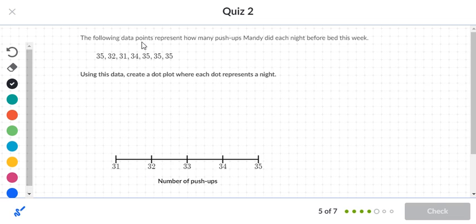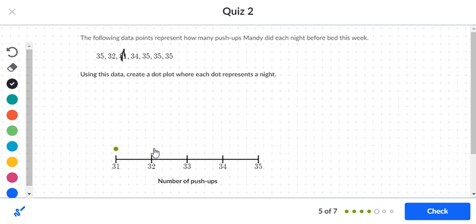The following data points represent how many push-ups Mandy did each night before bed this week. Using this data, create a dot plot where each dot represents a night. So the smallest number is 31. So we're going to get 1 dot for that, for 31. The next one is 32.